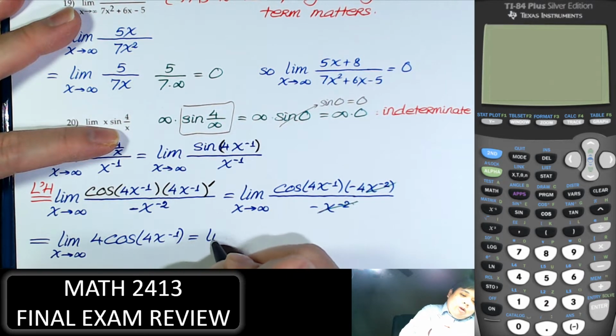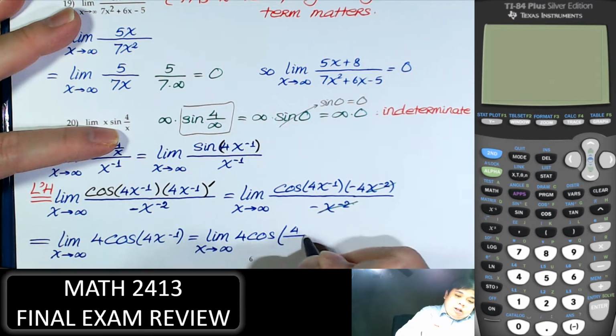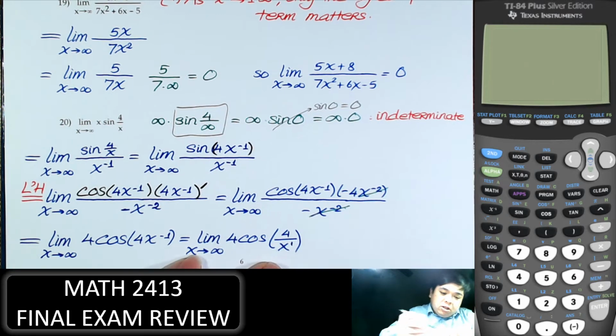Now I will rewrite the x to negative 1 if we move it to the bottom. Right, much better. Now let's just put the numbers in.